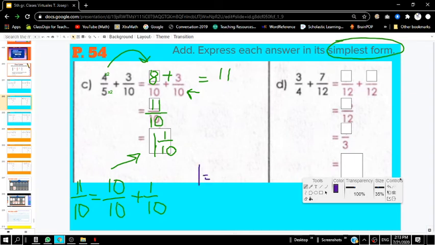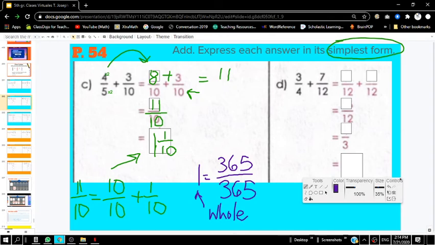For example, 365 days lived within 365 days equals 1 year. So 365 over 365 equals 1 whole. Okay, it's always going to be 1 whole, as long as the top is the same as the bottom.